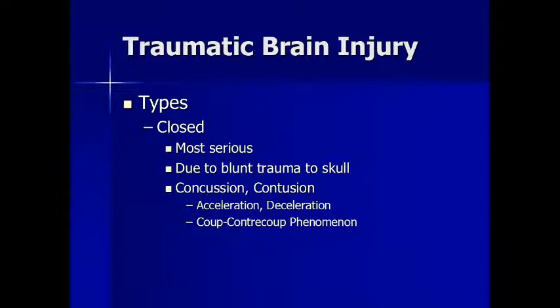The other classification that I want to talk about with open before I go on to closed is a laceration. A laceration is a tearing of brain tissue that occurs with a depressed, compound fracture, and penetrating injuries. So it is severe tissue damage. Generally, you'll have an intracerebral hemorrhage, which results in unconsciousness, hemiplegia on the opposite side, and dilated pupil on the same side.